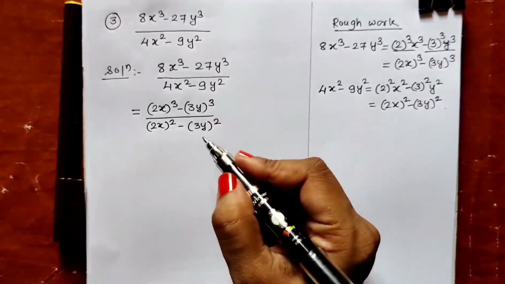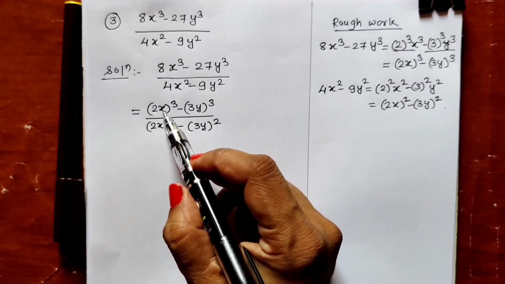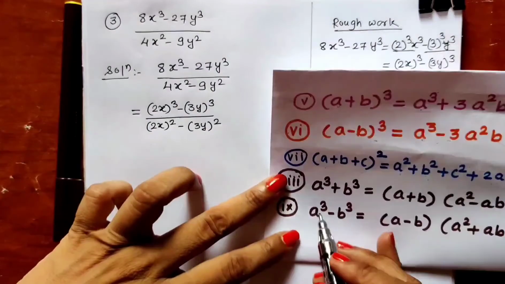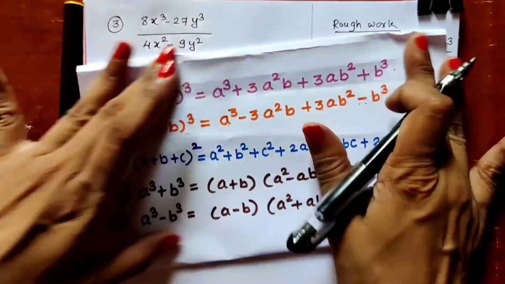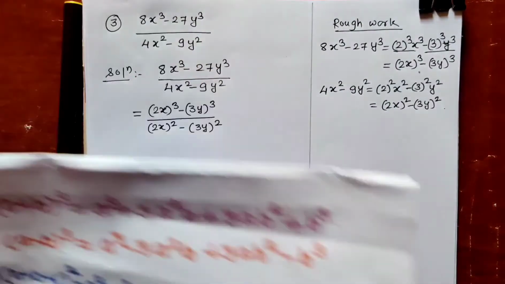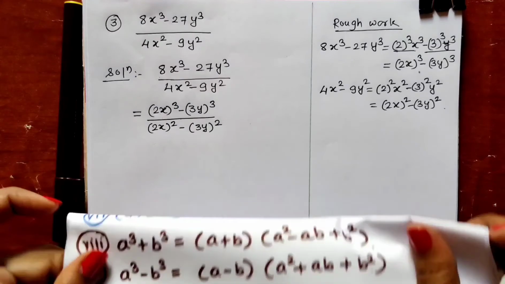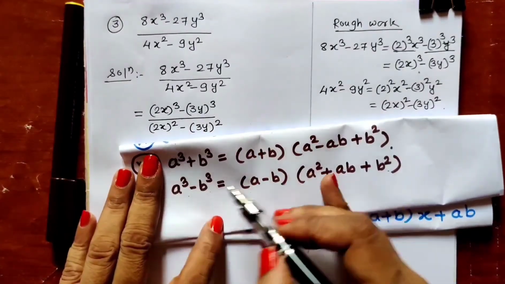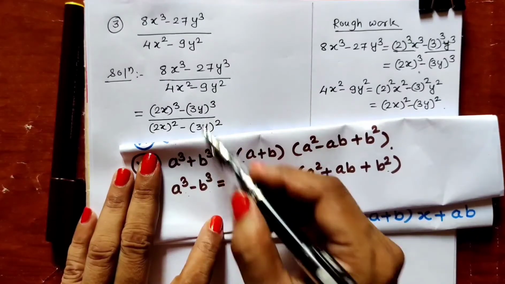Now which formula can we apply here? For 2x whole cube minus 3y whole cube, we can apply the a cube minus b cube formula. So here a is 2x, b is 3y.